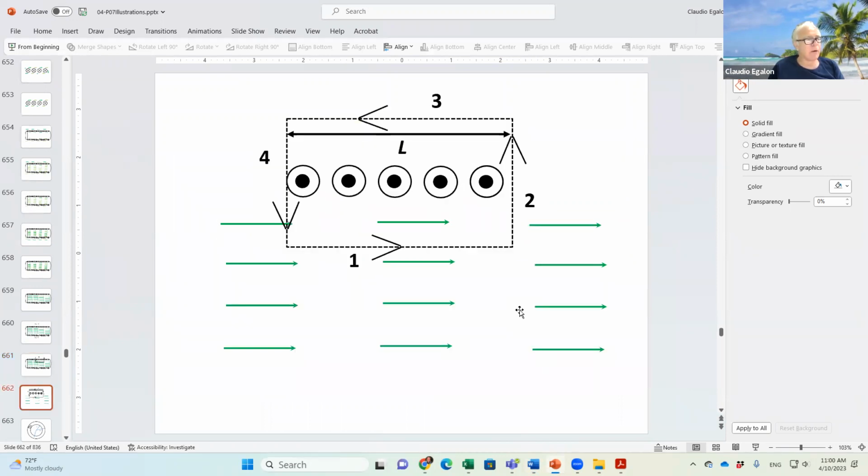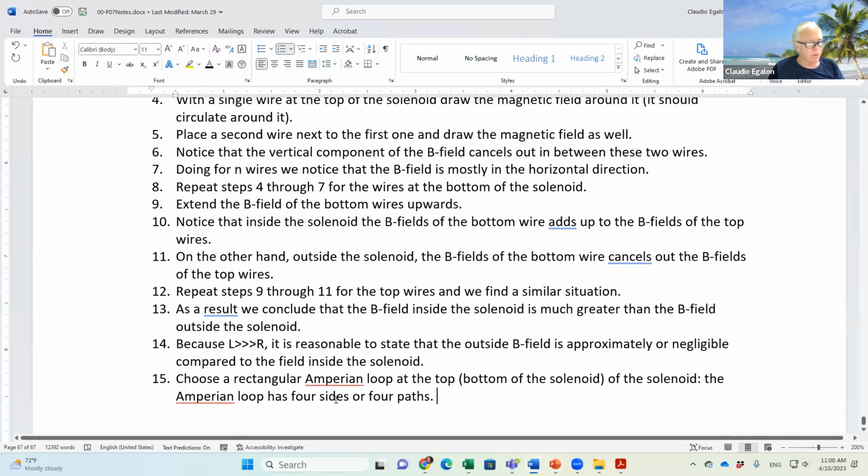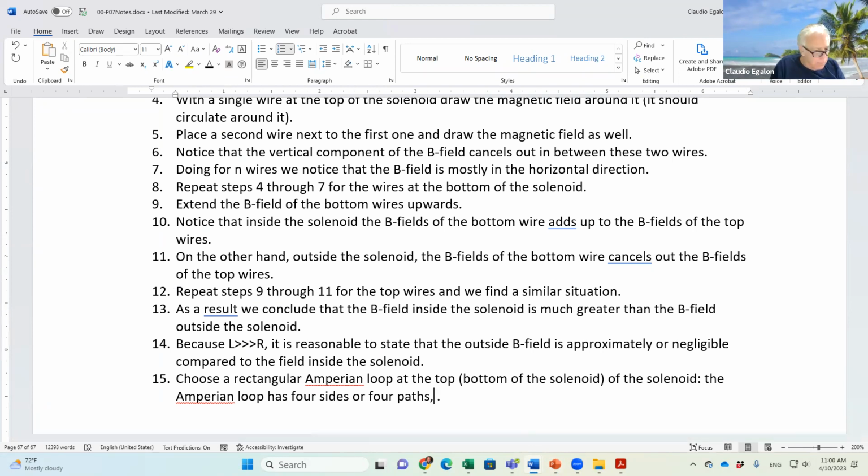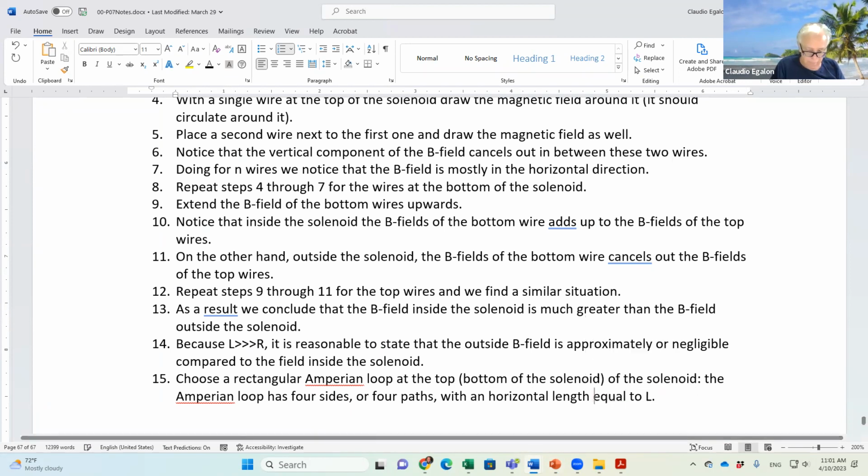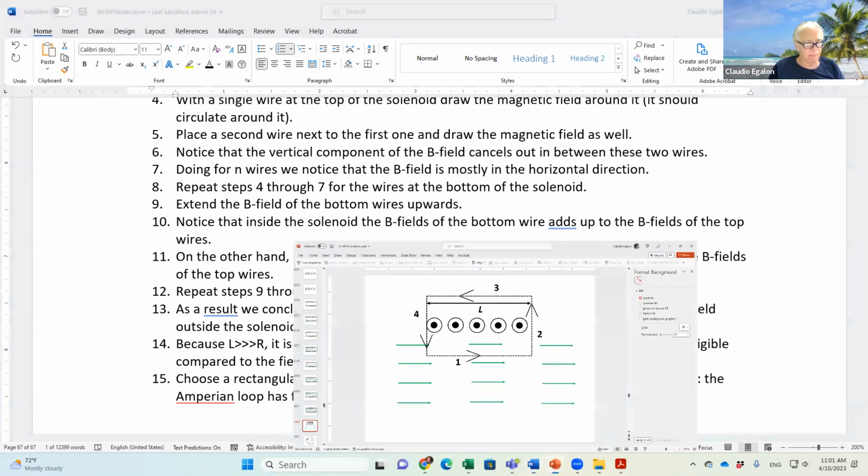Let's see how I label them. Here you go. Now I'm zooming into that Amperian loop. I'm choosing a rectangular Amperian loop at the top of the solenoid. The Amperian loop has 4 sides, 4 paths, with a horizontal length equal to L. I do not know what this L is, but I don't need to know.